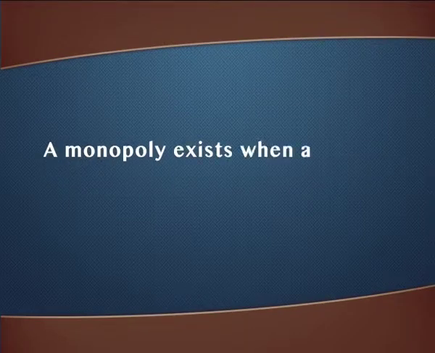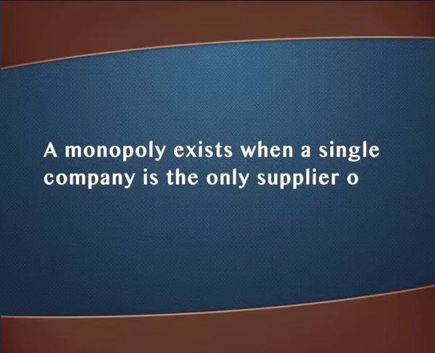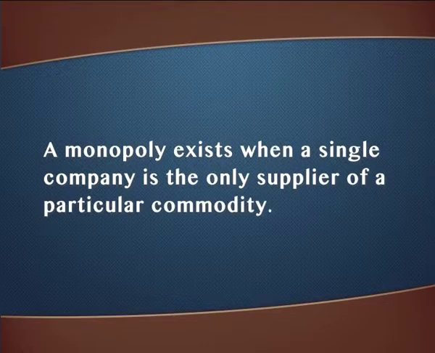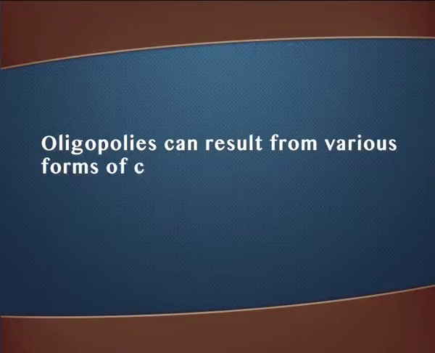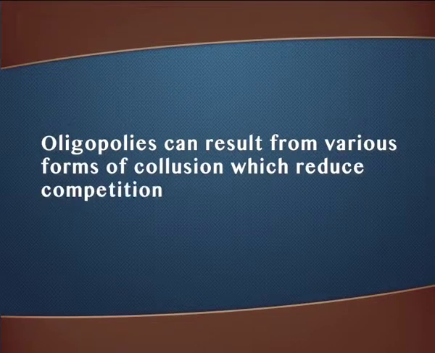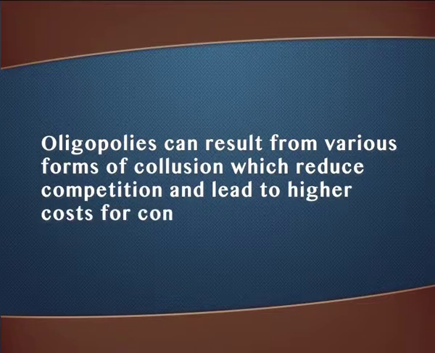A monopoly exists when a single company is the only supplier of a particular commodity. Oligopoly. An oligopoly is a market form in which a market or industry is dominated by a small number of sellers. Oligopolies can result from various forms of collusion, which reduces competition and leads to higher costs for consumers.